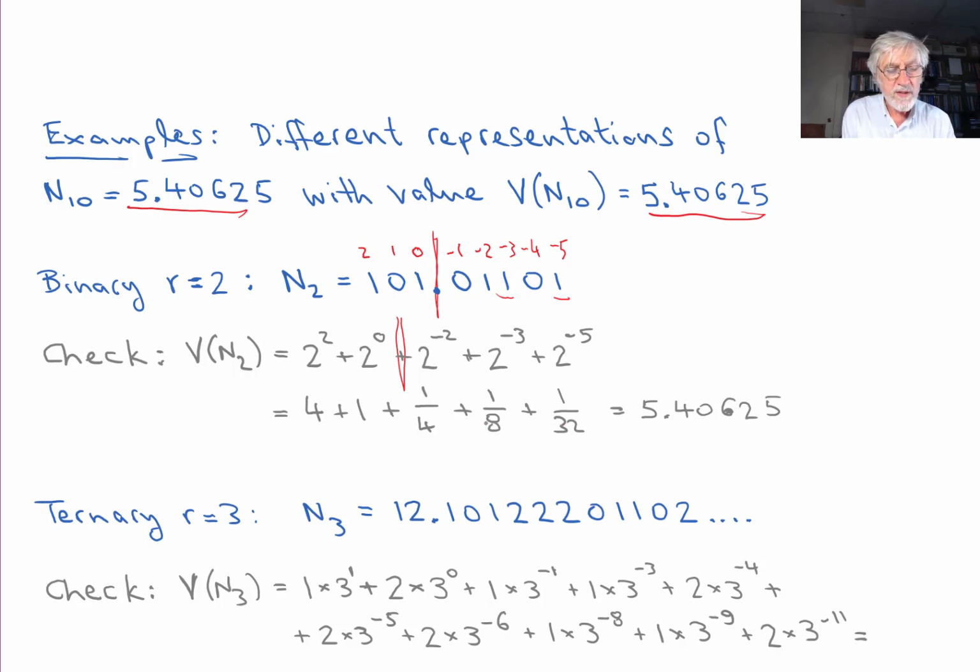And if you add this up, 4 plus 1 is 5, and then 1/4, 0.25, 1/8, 0.125, and 1/32 is 0.03125. So when you add it up, you're actually getting 5.40625. So this is indeed the binary representation of the fractional number with this decimal value.